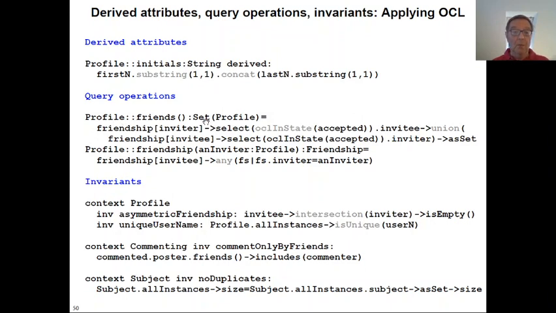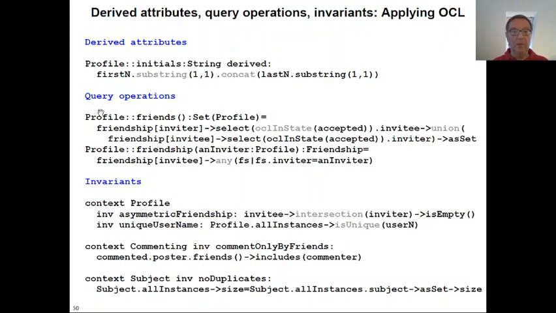So this operation considers the reflexive relationship friendship, and it uses a particular way that we have discussed before, where the role names are used with the association class and the role names with which the underlying class is participating.